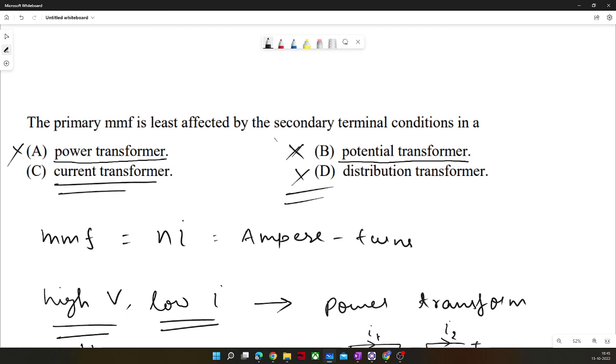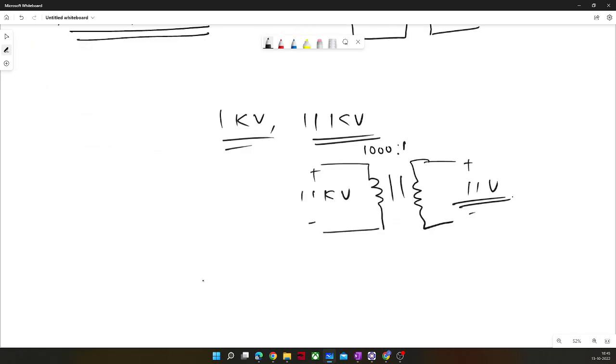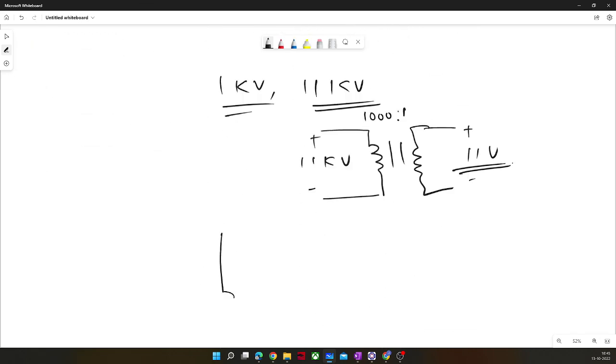This transformer does not depend on load because this is a current transformer, and whatever current is flowing to the primary, the same with some turns ratio, let's say it is 1:1000.